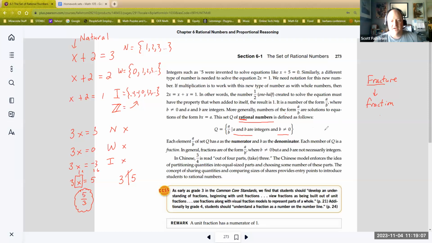Yes, the top part is the numerator. And if you think about it, the numerator is the name. So numerator comes from the word name, and denominator comes from like denomination or type.